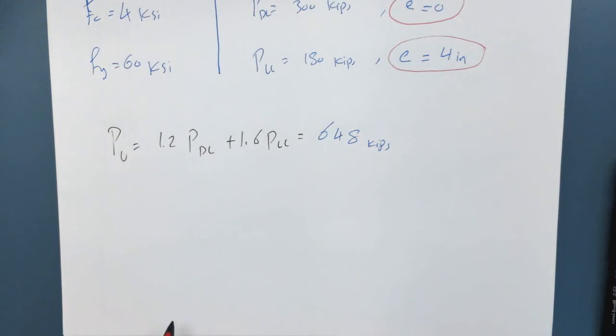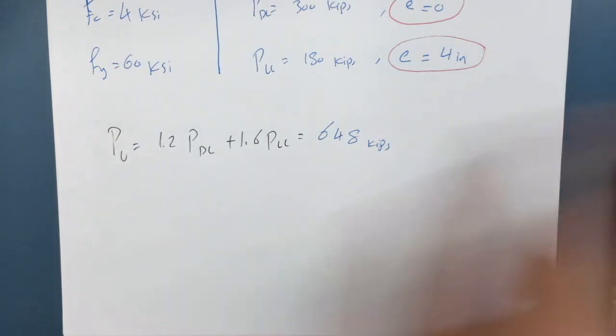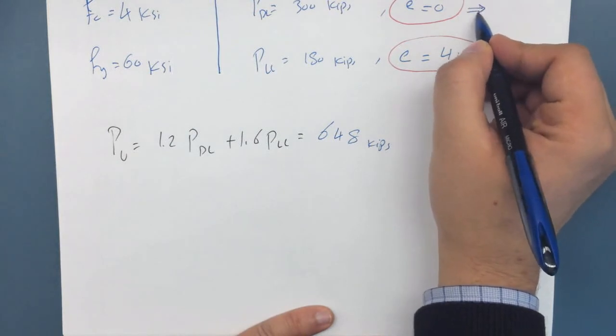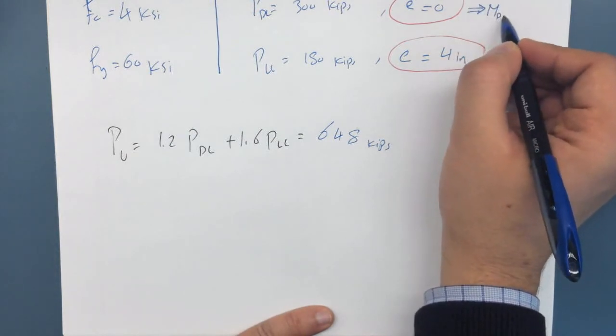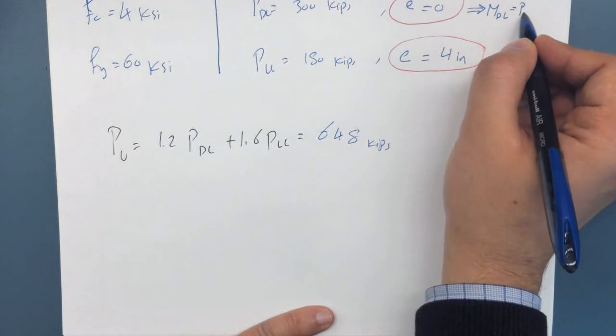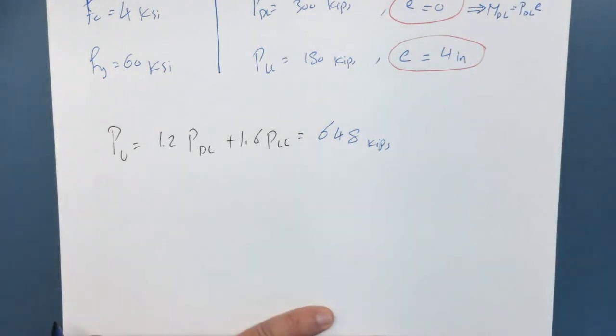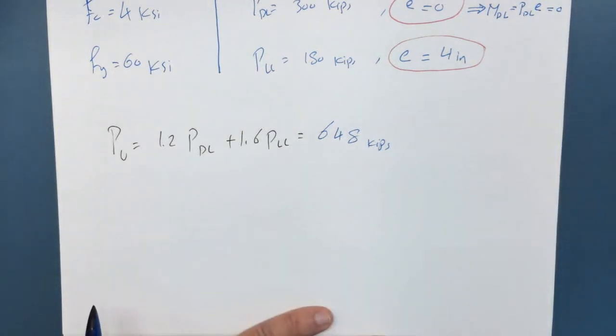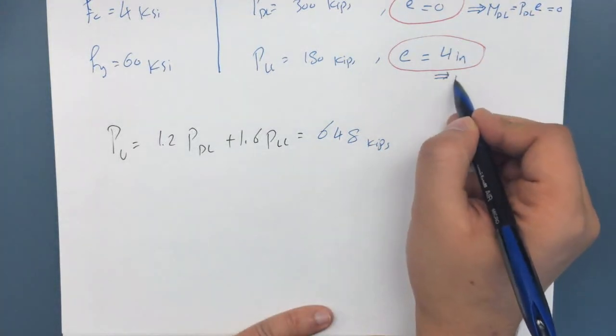It turns out that you can easily think of it this way. What is the moment of the dead load? The moment of the dead load is simply P dead load multiplied by this eccentricity, which is equal to 0. What is the moment due to the live load?